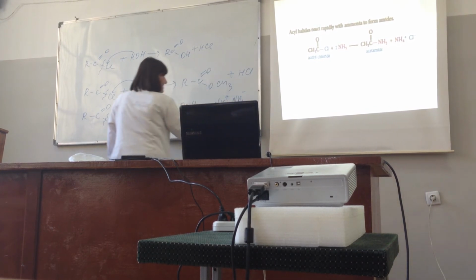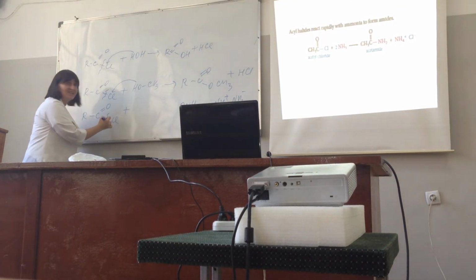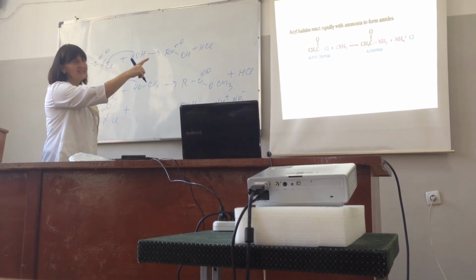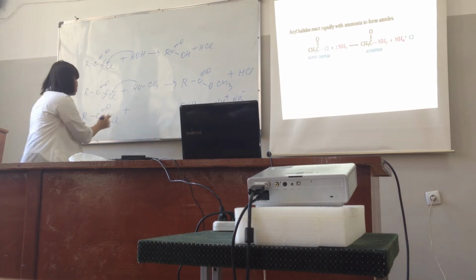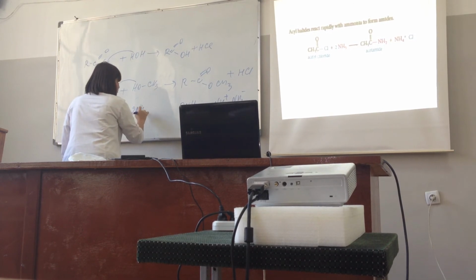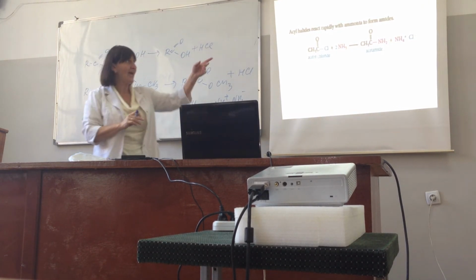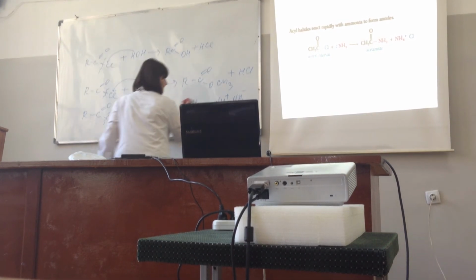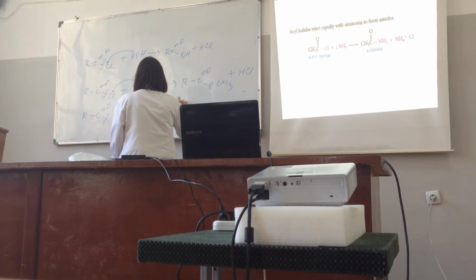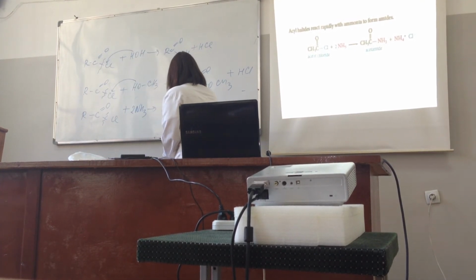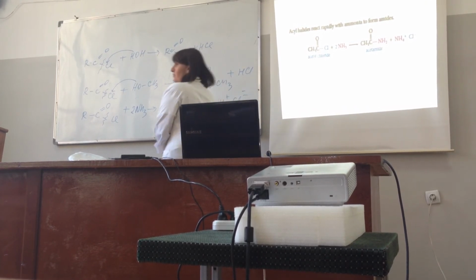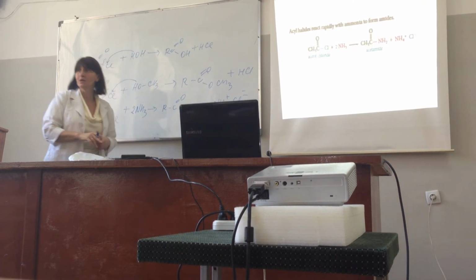So this NH4 takes this Cl, which is the leaving group. That's why your inorganic product is ammonium chloride, and you have the NH2 group instead of Cl. So finally, with 2 molecules of NH3, you get amide RCONH2 and ammonium chloride. Of course, here you have plus and minus because this one is an ionic compound.